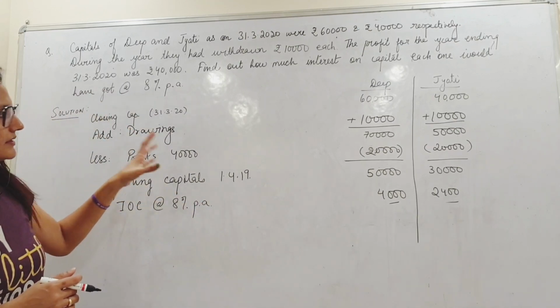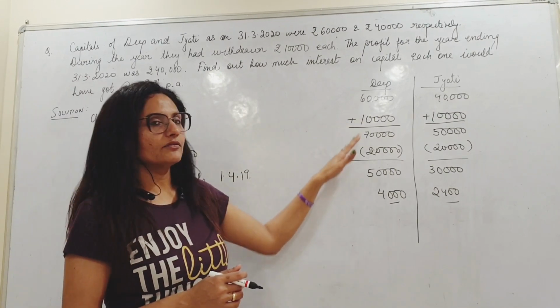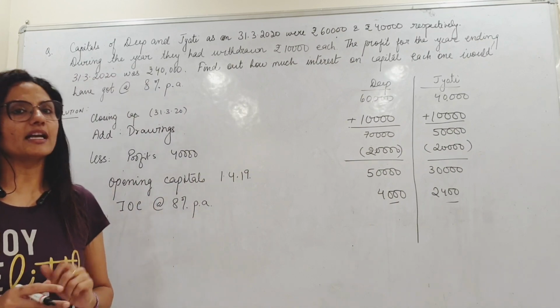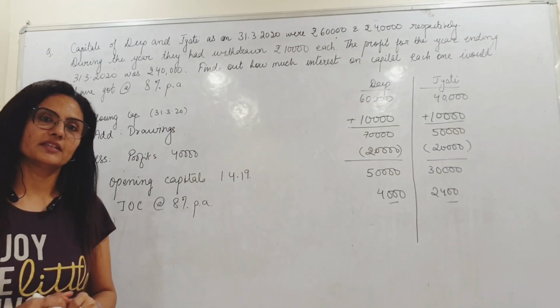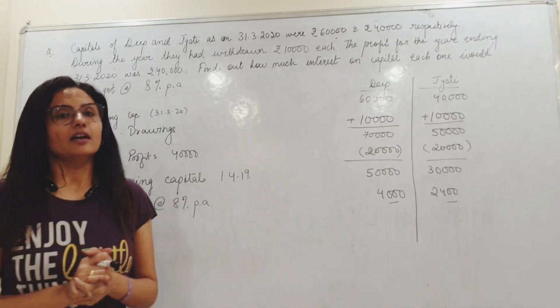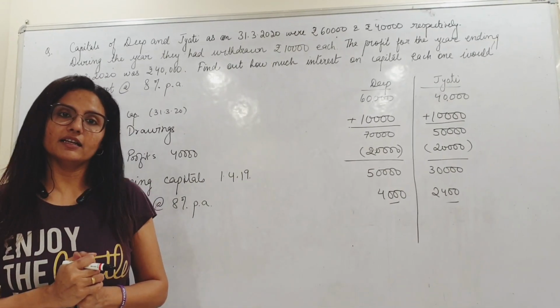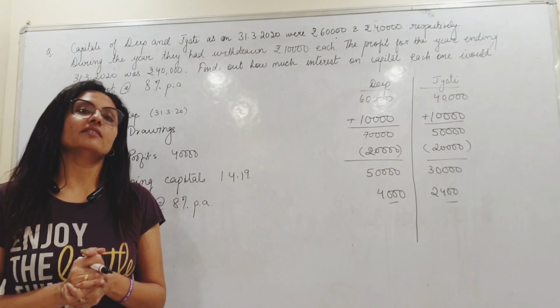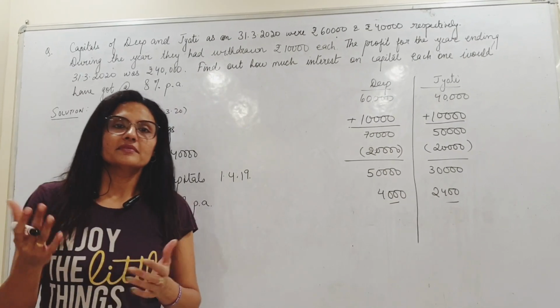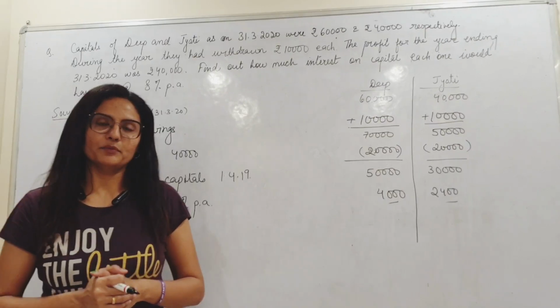So based on this assumption, I have not deducted any amount from my opening capital for calculating interest on capital. ये opening capital पे ही पूरे साल का 8% डाल दिया. Of course, date of drawings अगर दिया रहेगा, in between the year रहेगा, we will have to accommodate that, and we shall see that in our subsequent videos.